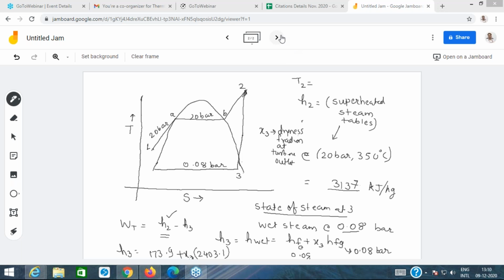In order to find the dryness fraction at 3, we make use of the fact that process 2-3 is isentropic, meaning the entropy at 2 is equal to the entropy at 3.